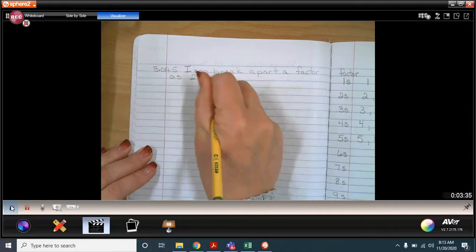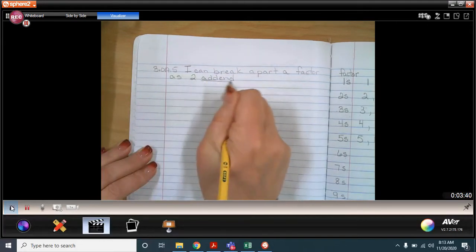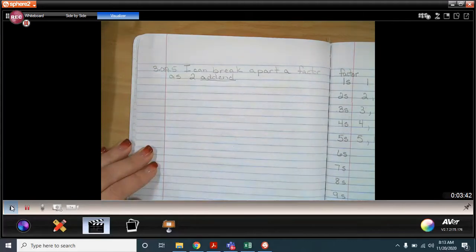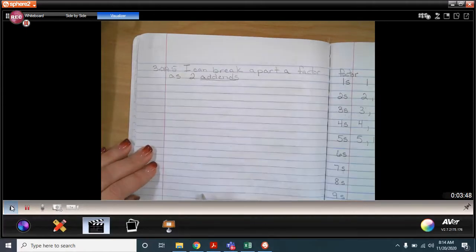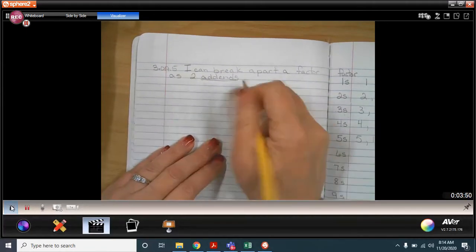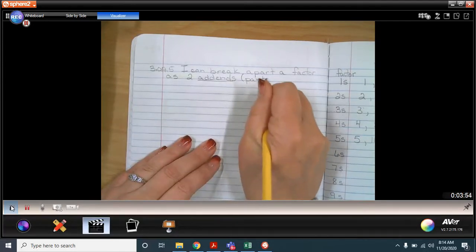Now remember what addends are. Addends are 2 numbers that when you add them together, you are going to take apart this factor as 2 addends, plural. We call those addends the parts, in this case 2 parts.